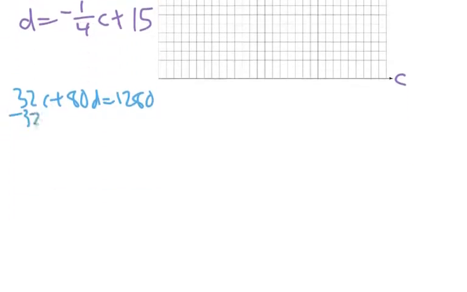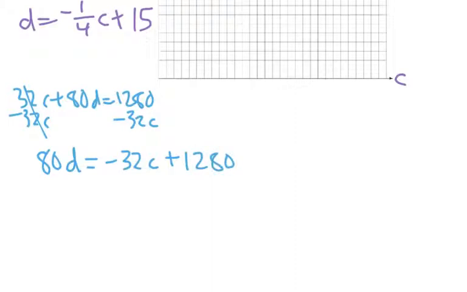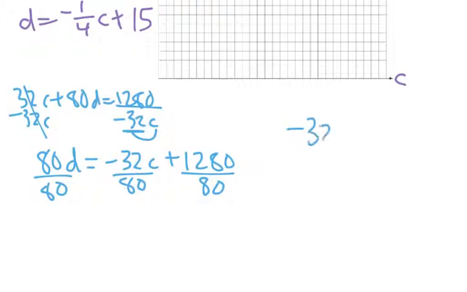So once again, same process. Subtract by 32C. We get 80D equals negative 32C plus 1280. Now remember that 32 stands for the number of C's, not the same thing as that number. Then we divide everything by 80. Now, negative 32 over 80, I can divide them both by 8, right? To reduce it.